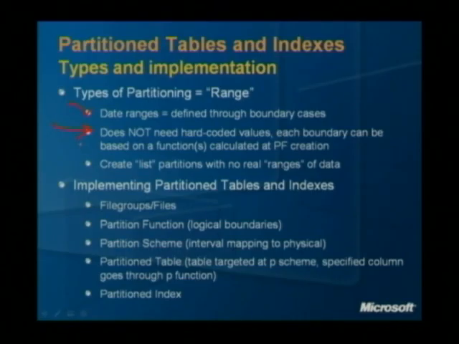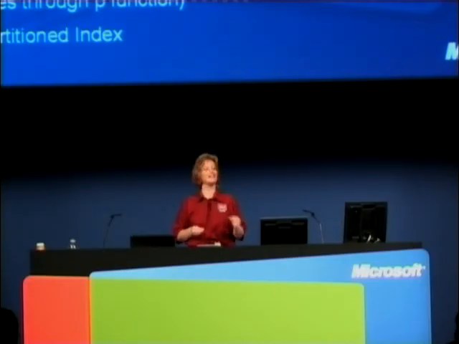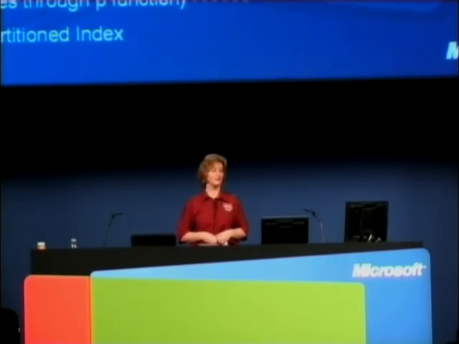You can write functions that will calculate a date for you at the time the partition function is created, so that if you want to automate the rolling range scenario, where each month you bring in a new month and get rid of an old month, you can calculate what is the month based on the current date and time, so that you can programmatically automate this process as well.